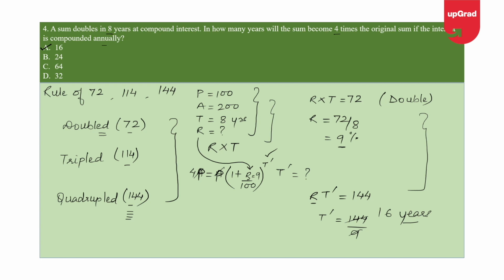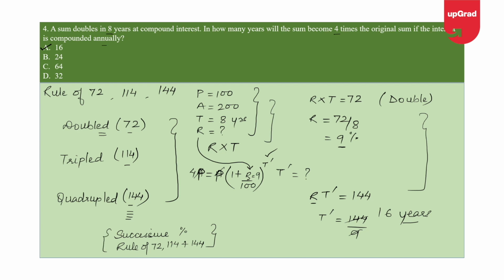So I would recap, I would request you to please work upon the two concepts, and that is successive percentage, and the rule of 72, 114, and 144. These two concepts will help you solve multiple questions based on compound interest.